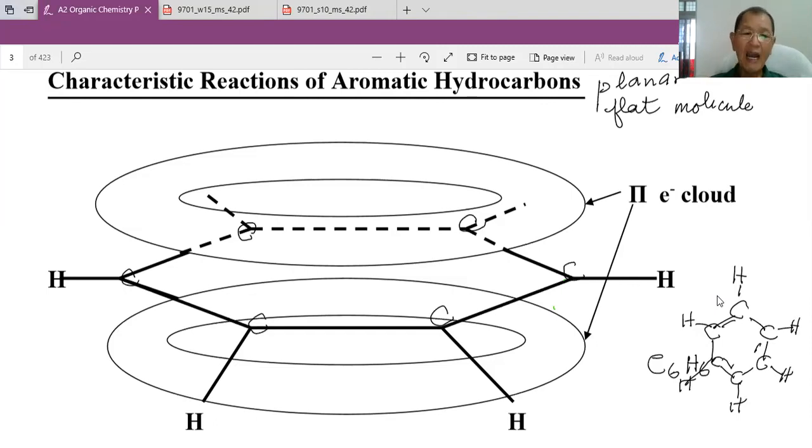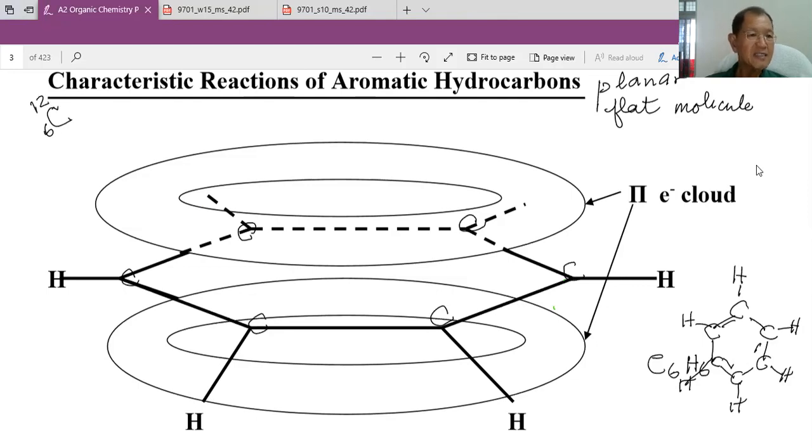Now I'm going to see how this marries with the new structure called the resonance structure or the delocalized structure. Now, carbon, as you know, is 6-12.